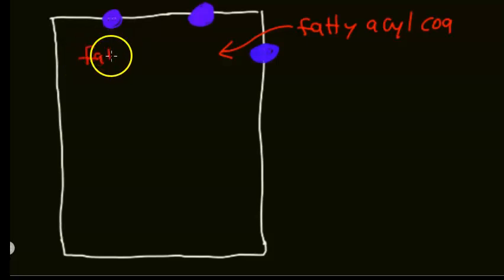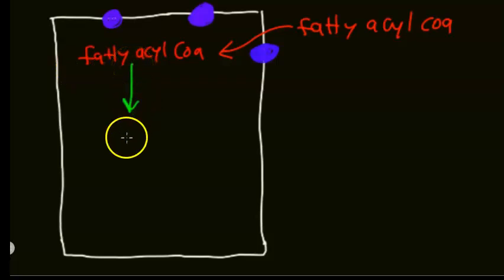We have our fatty acyl-CoA. This fatty acyl-CoA will then be oxidized during the first step, if you guys recall. And in this first step, we're going to make FADH2.